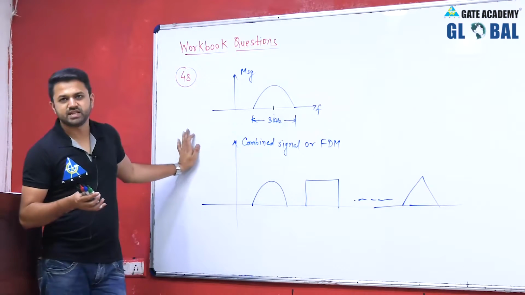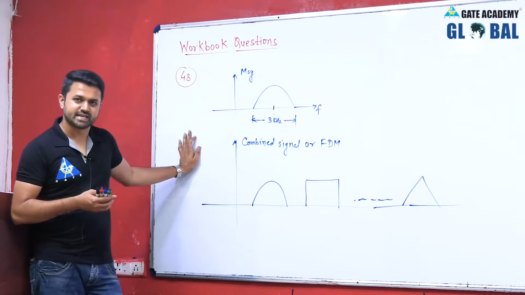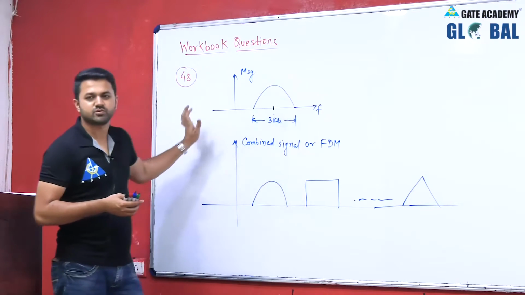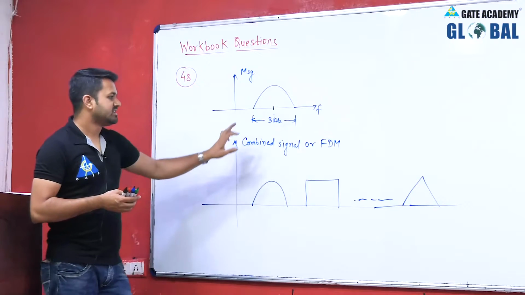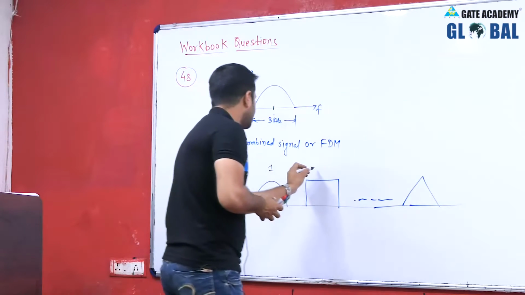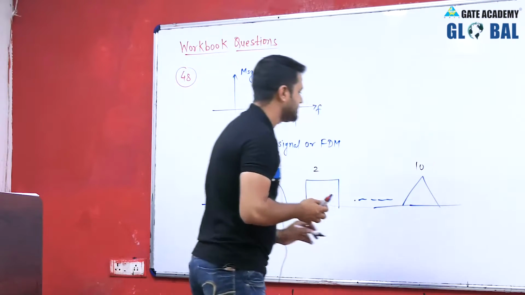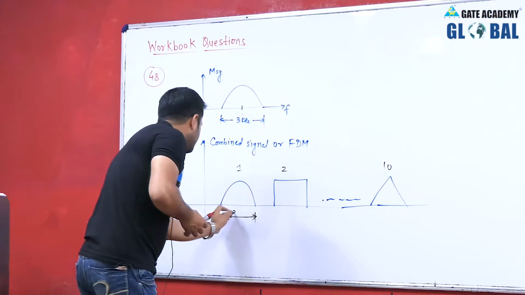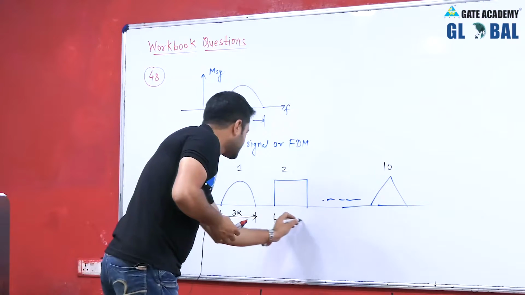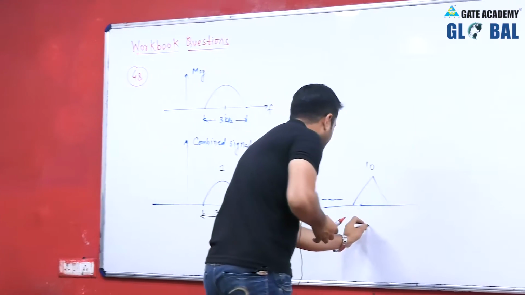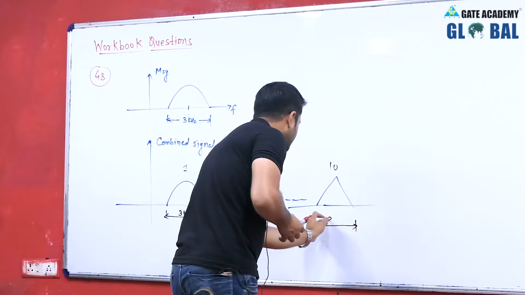Whatever the carrier frequency for the first message signal is, it is shifted to that particular frequency, and the bandwidth is 3 kHz, and that bandwidth is the same for all the 10 message signals. So we have the first message signal, the second message signal, and this is the 10th message signal, and all are having 3 kHz bandwidth. For all this is 3 kHz.